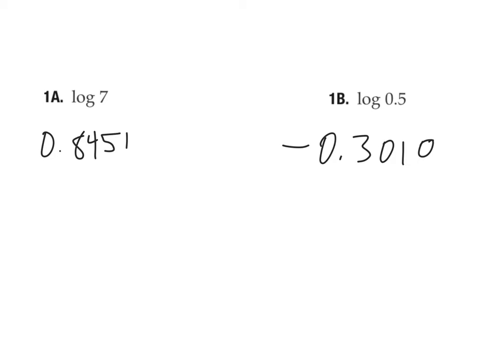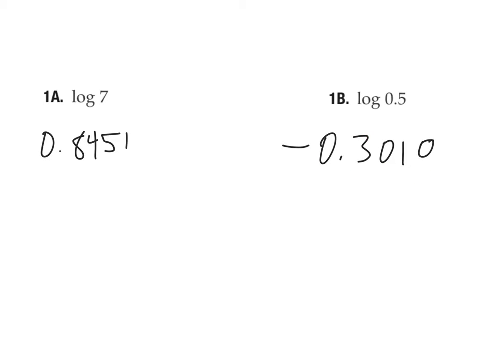Since 10 to some power is not going to be nice when it equals 7, or 1/2, what this means is that giant number you got on your calculator that never ends is the power that you have to raise 10 to in order to make it a 7. So 10 to this power will give me 7, and 10 to this power will give me 1/2.